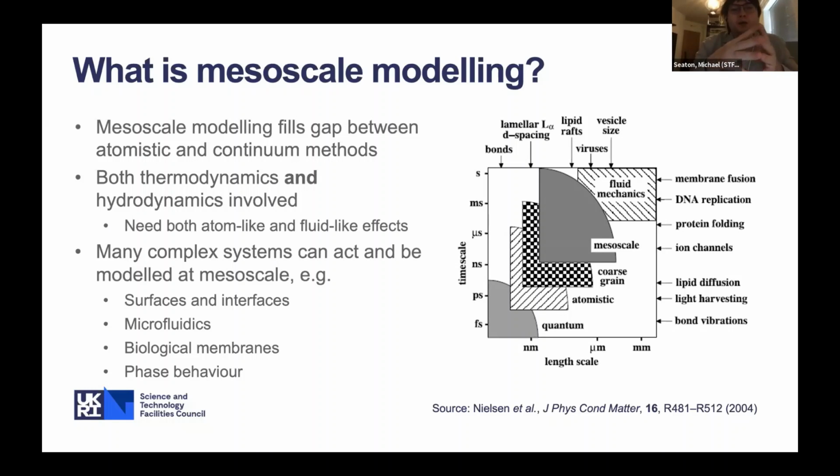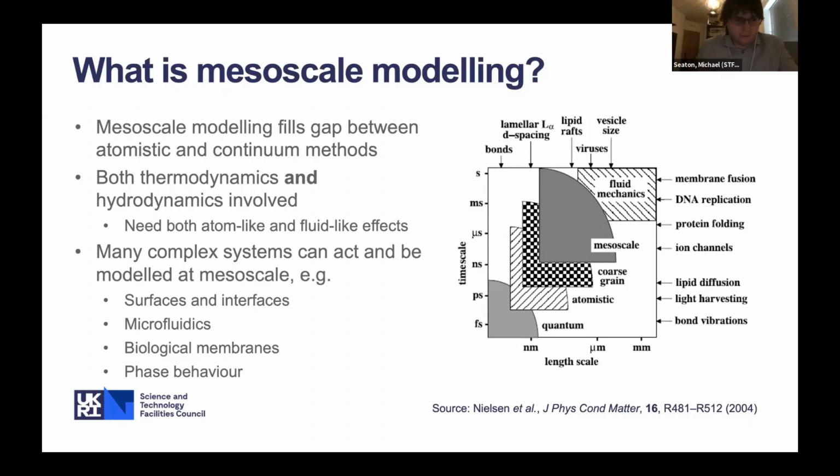So we're trying to get the thermodynamics of our material right, but we also want to ensure that we get the right kind of flow behavior, or hydrodynamics. So in any mesoscale model, we need to be able to obtain both atom-like and fluid-like effects in that same model.